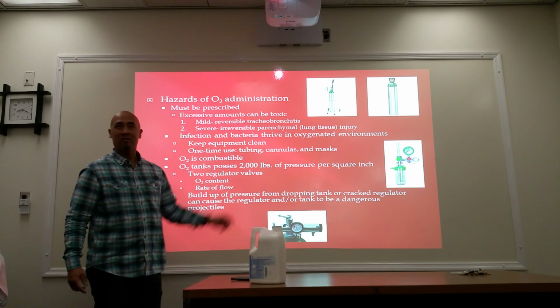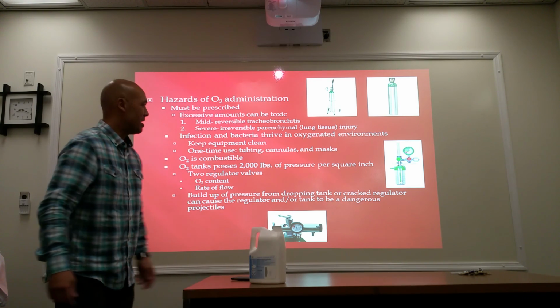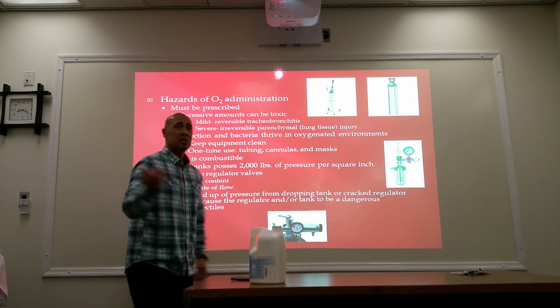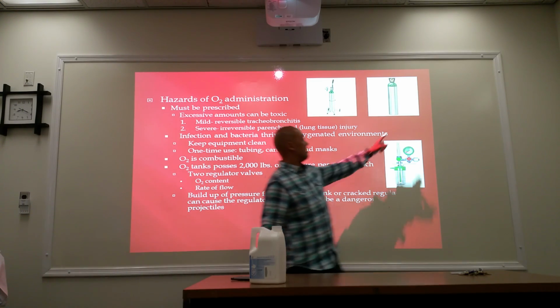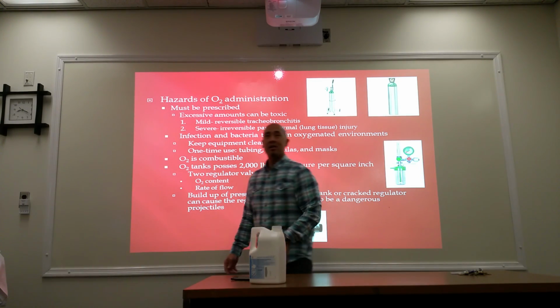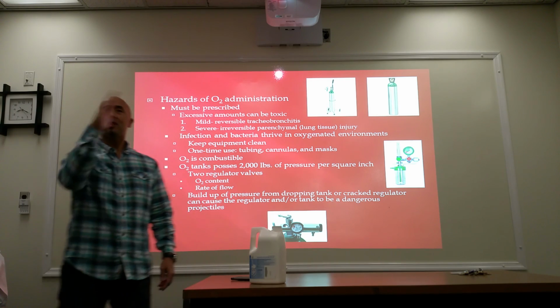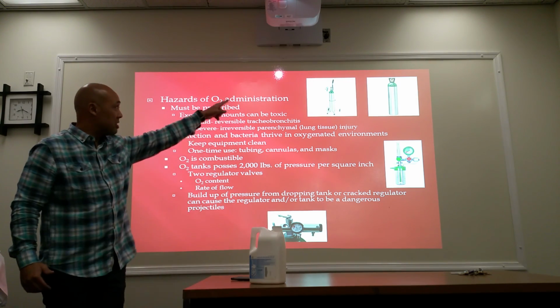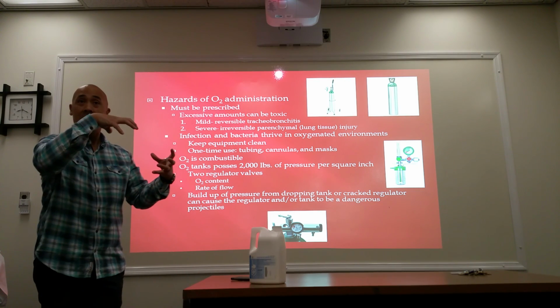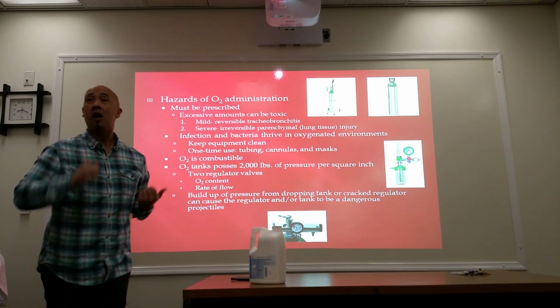2,000. All right. So the proper way to store an oxygen tank is not like this, standing on end. Because if you knock that thing over, that mechanical shock can cause the top, the valve, to break off.